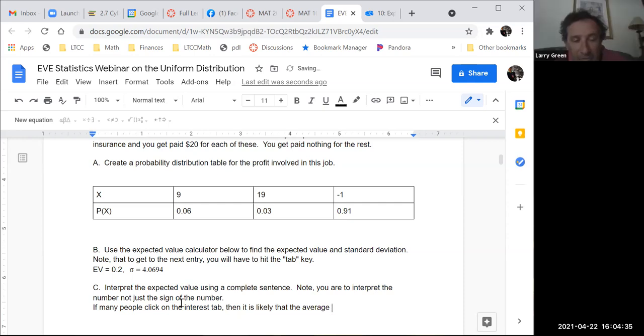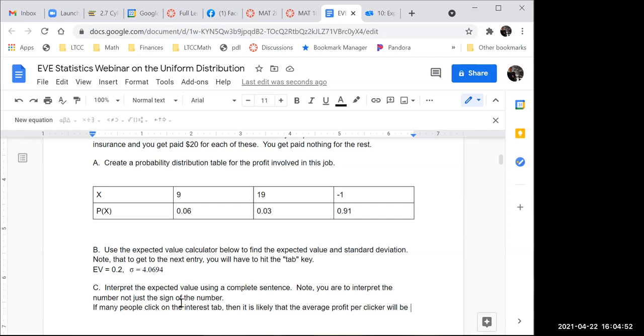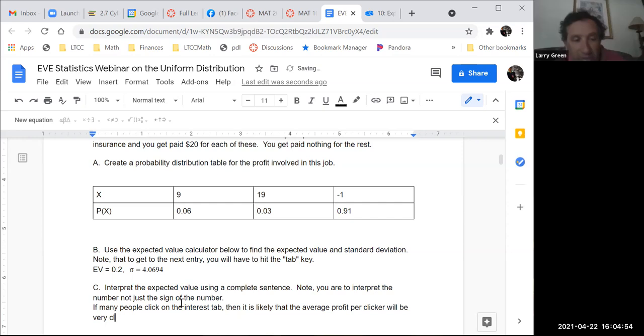That the average profit per clicker will be, what's the next one? The last one? Very close to. Okay, and it's 0.2. So I think the best way of saying this is 20 cents.